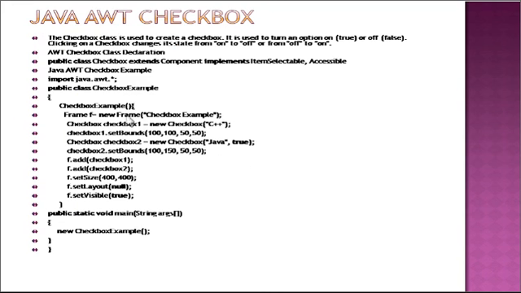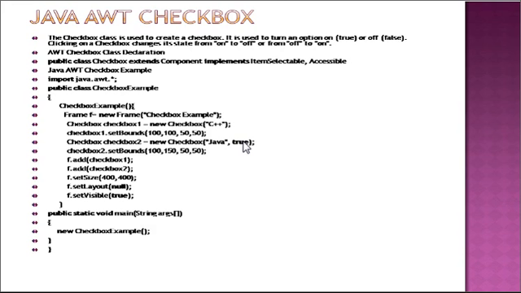The next class is Checkbox. Using this class we can draw a checkbox, or multiple checkboxes, on our container or frame. The Checkbox class is used to create a checkbox. It is used to turn an option true or false, providing the facility of true and false values according to clicking on the checkbox.